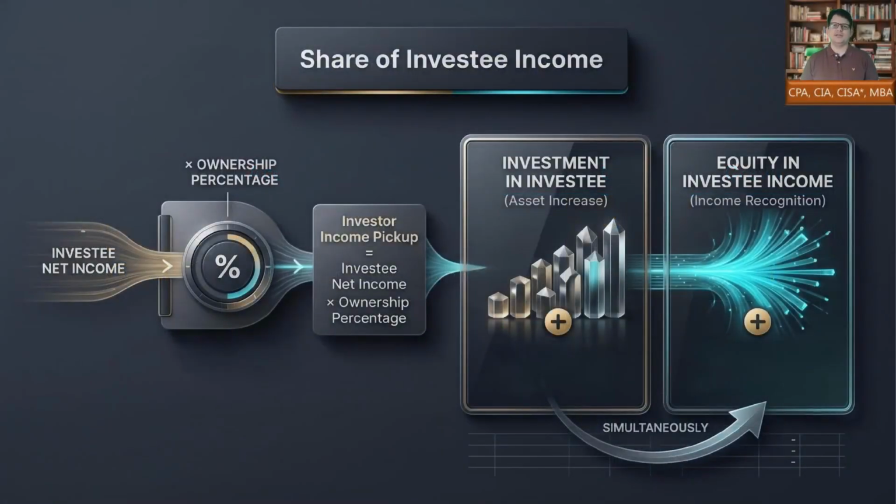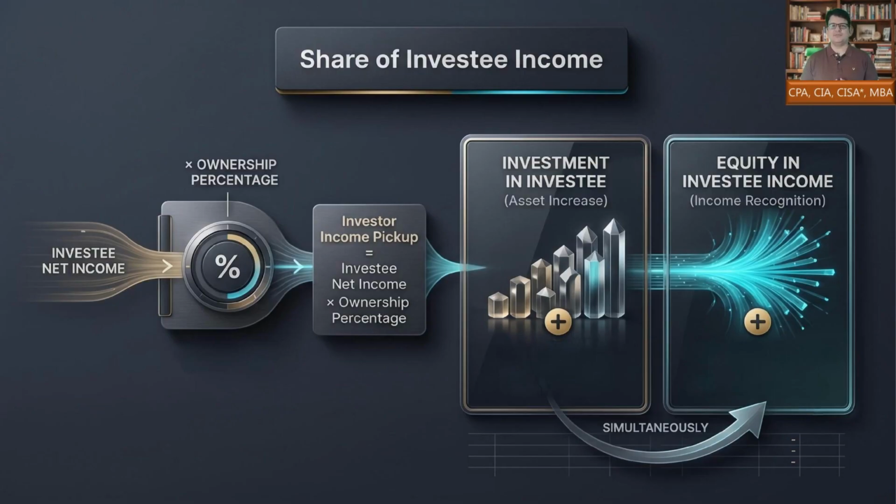After acquisition, the investor recognizes its proportionate share of the investee's net income. The formula is straightforward: investee net income times the investor's ownership percentage. The journal entry debits investment in investee and credits equity in investee income.